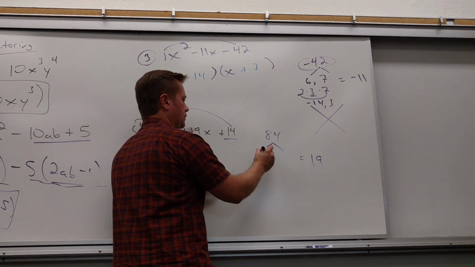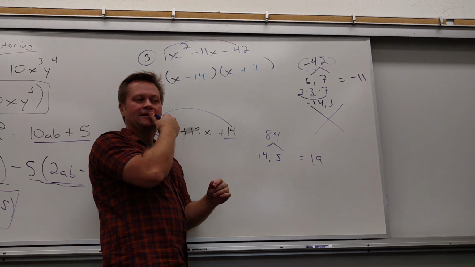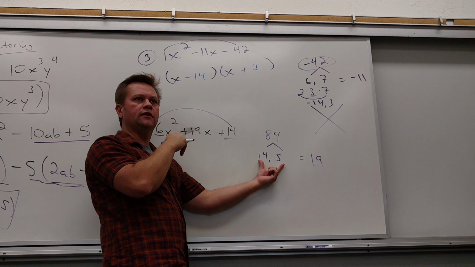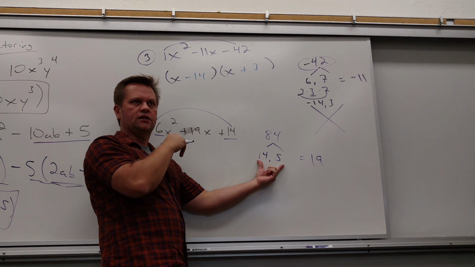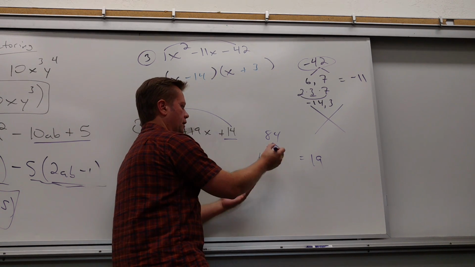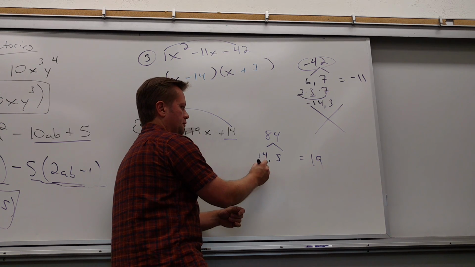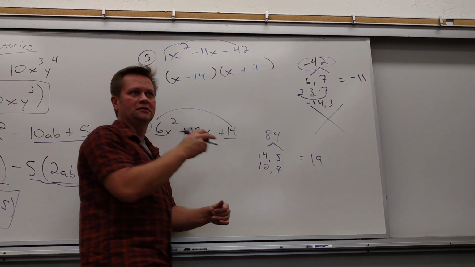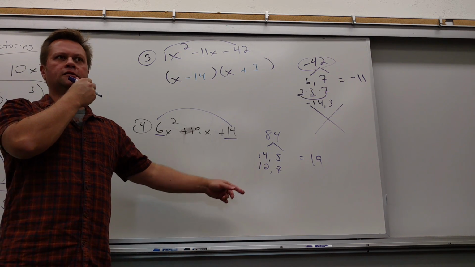Well, like if I did 14 and 5, 14 times 5 is 70, right? So then we'll try 12 and 7, and that multiplies to be 84.